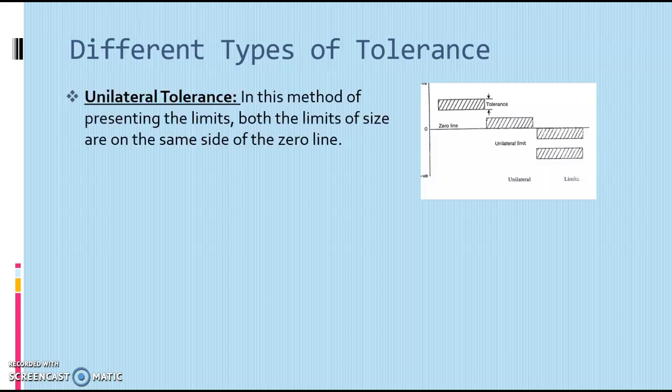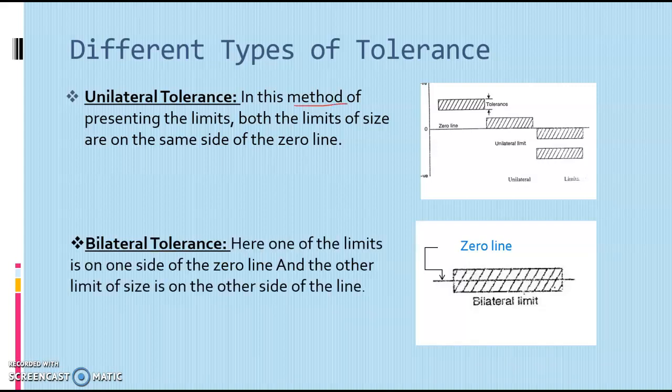We can have different types of tolerance, such as unilateral tolerance. Unilateral tolerance is defined as the method of presenting limits where both limits of size are on the same side of the zero line. We can discuss it with this picture.